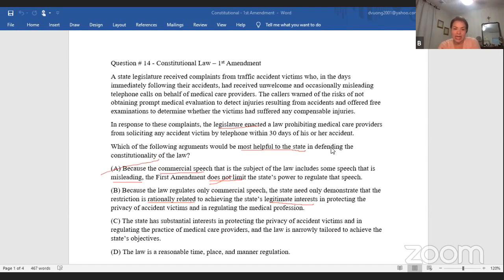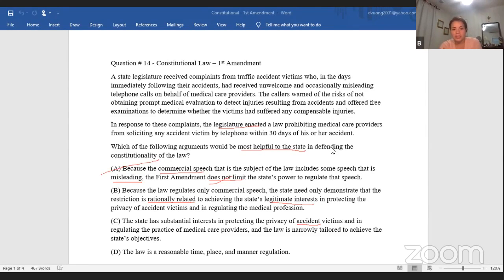C, the state has a substantial interest in protecting the privacy of accident victims and in regulating the practice of medical care providers, and the law is narrowly tailored to achieve the state's objective. Okay, so it's privacy then. And I think privacy, if I'm not mistaken, is strict scrutiny. If I remember correctly, I don't know.